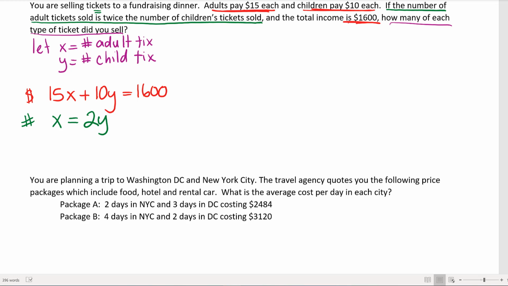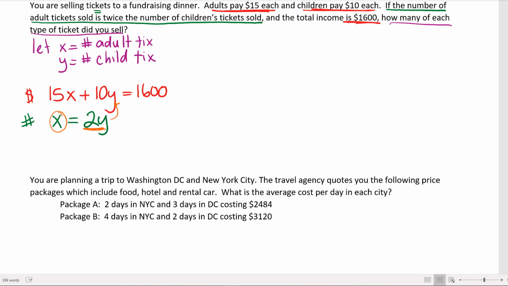This type of equations are really nicely set up for substitution. Do you see how here the x is already isolated? And so all I have to do is take what x is equal to and substitute it in for the variable in the first equation. So that would be a substitution method.